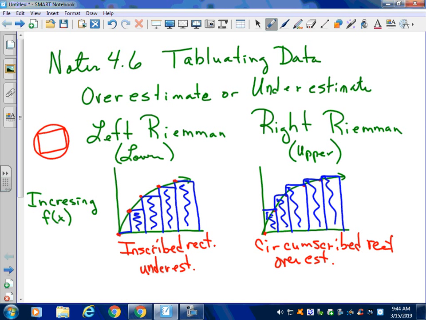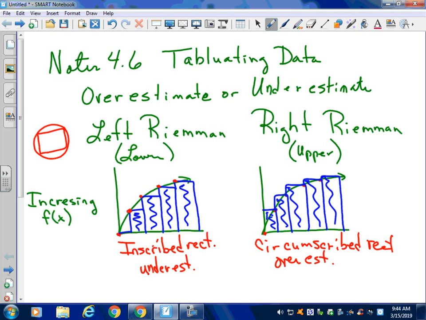So it's something you just got to memorize, okay? That when it's increasing, it's under with left and over with right. Because the left corner of your rectangle is going to fall below your curve when it's an increasing function.